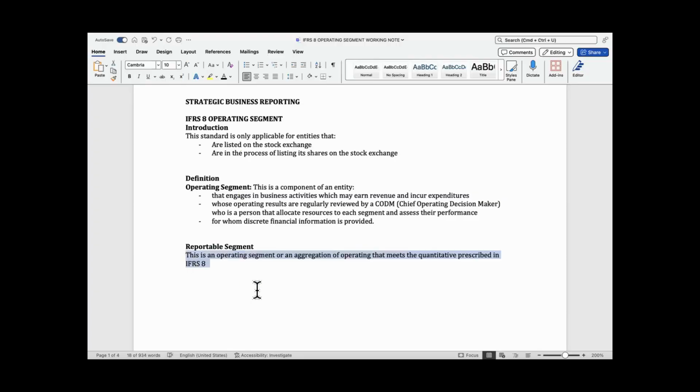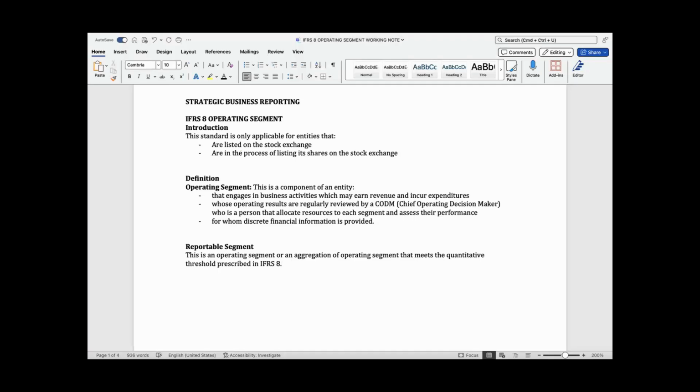So if you look at this definition, a reportable segment can be just an operating segment. It could be an aggregation of operating segments that meets the quantitative threshold prescribed in IFRS 8.